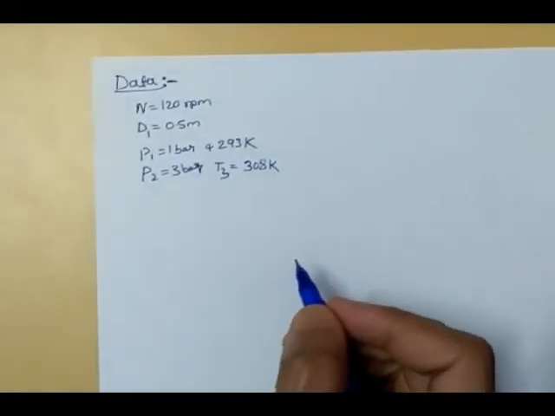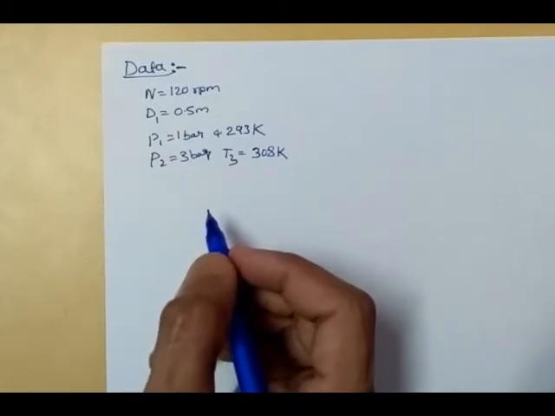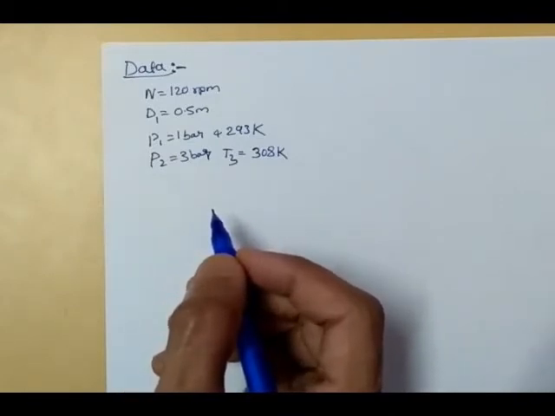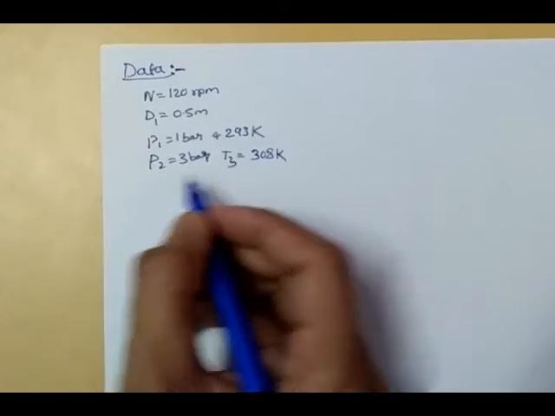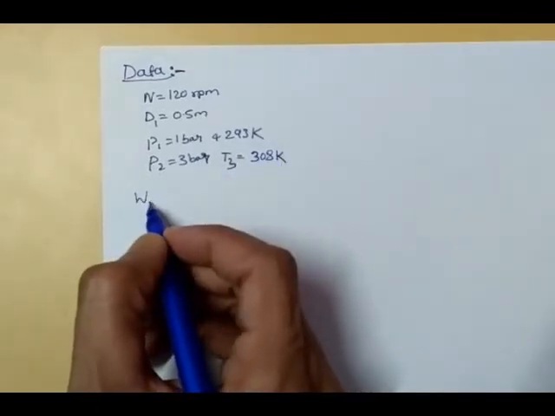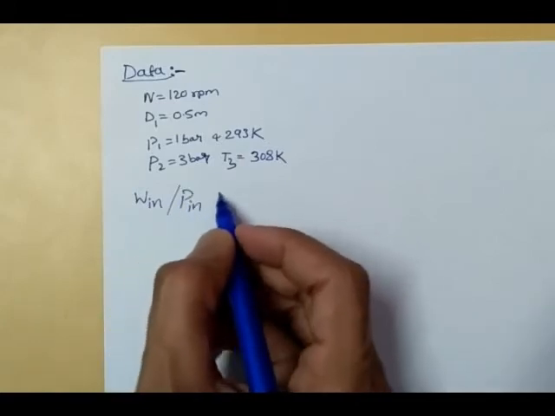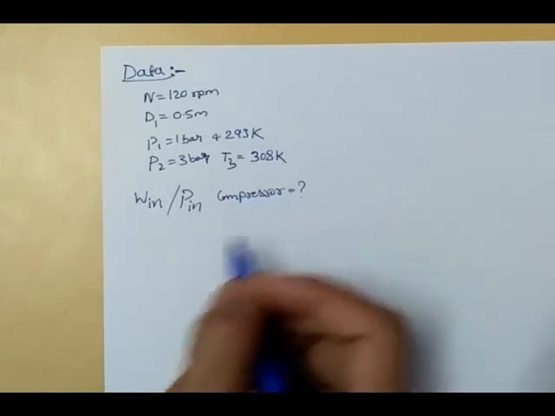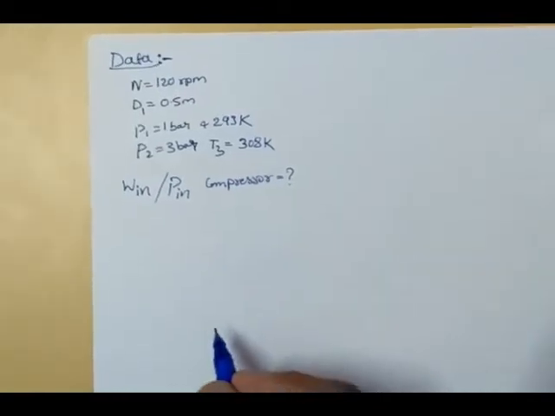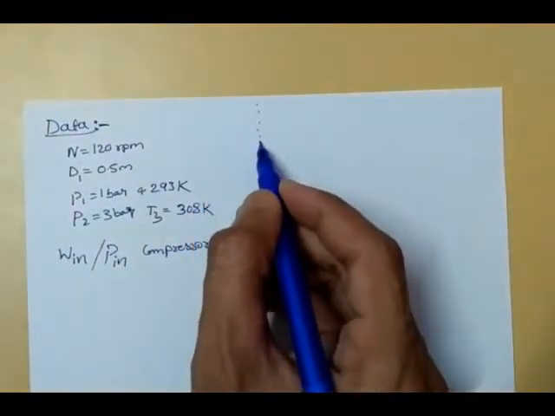So we'll start with the first. We have been asked to find the work input or power input to drive the compressor. That is to find the work input or power input to the compressor. So with this data, I'll just divide this page.